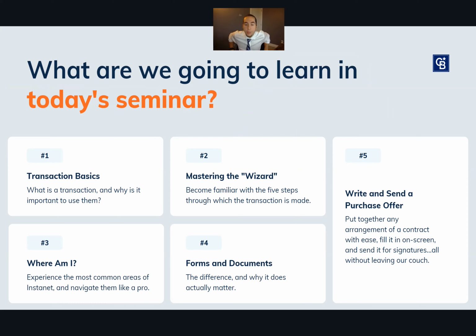If this is not something that you want to sit through, I will give you a timestamp somewhere. I might throw it in the email where I send it out. Maybe there's a way for me to superimpose it on the screen. Maybe I'll try and do that. But either way, there will be a timestamp and you can skip forward to that when we actually start doing the contract.